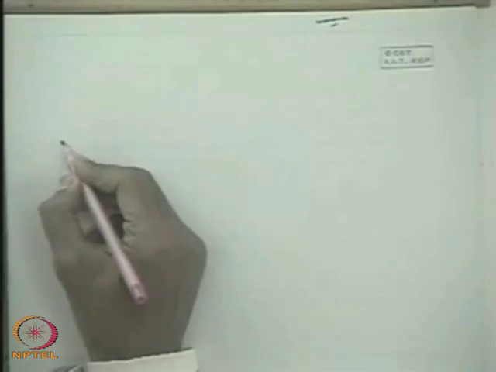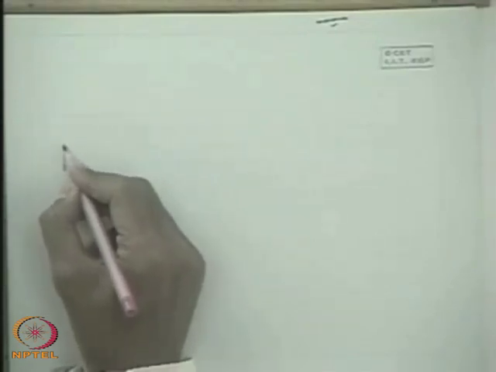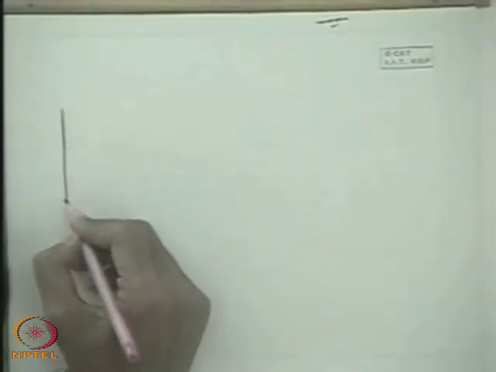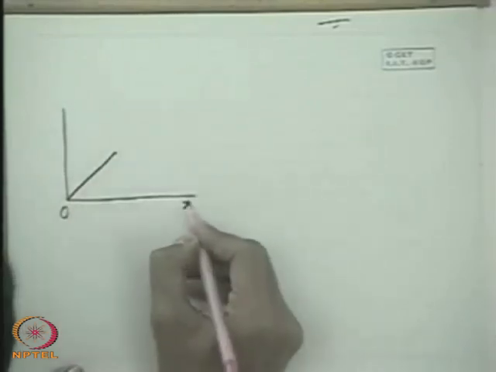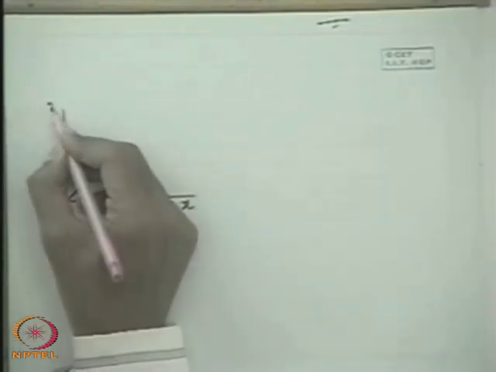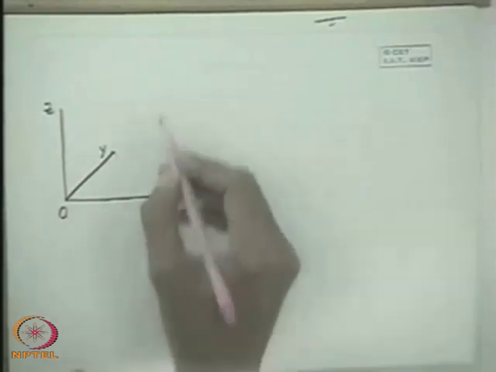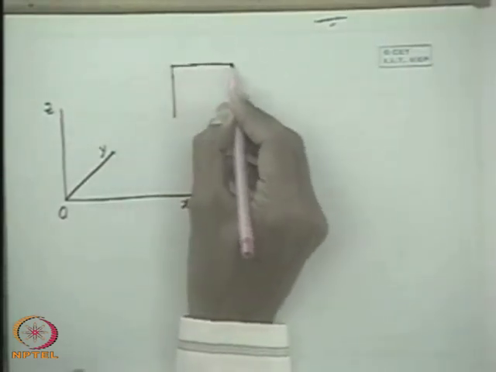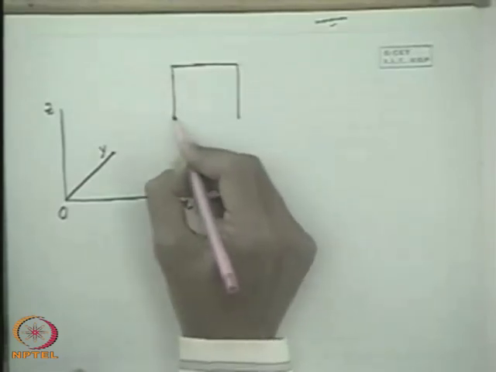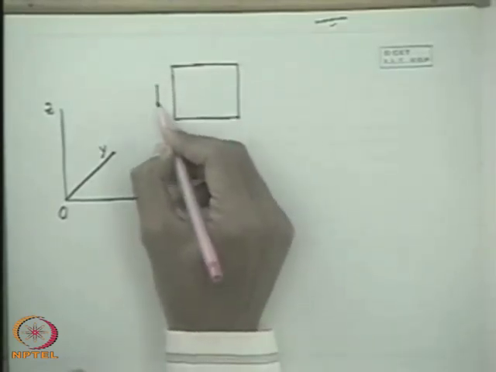So, let us now analyze this problem with uniform translation. Let us consider a coordinate axis like this, OX, OY, OZ.